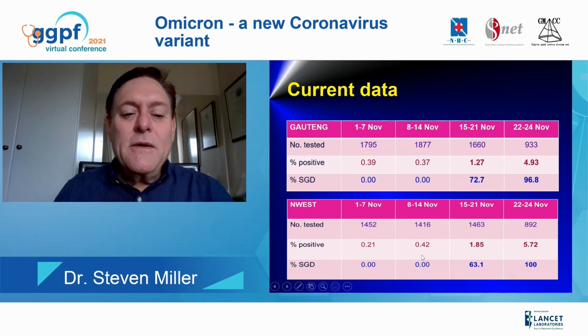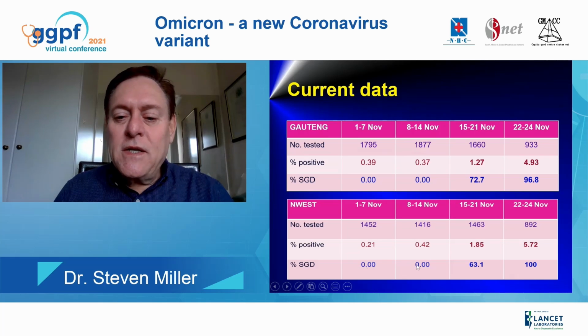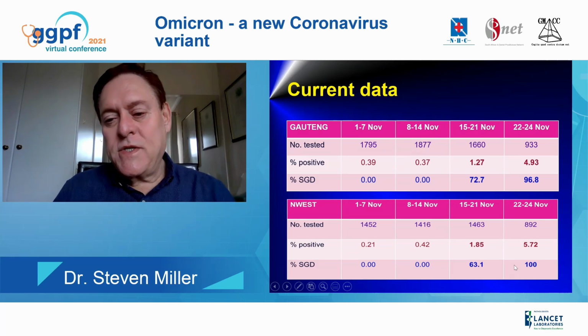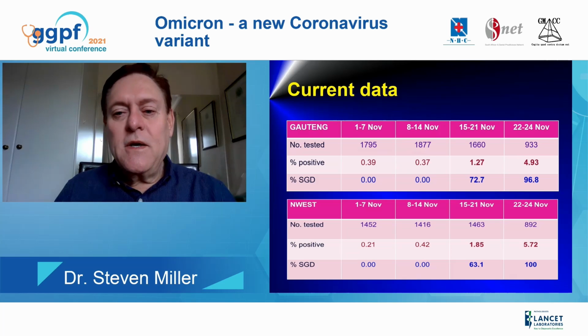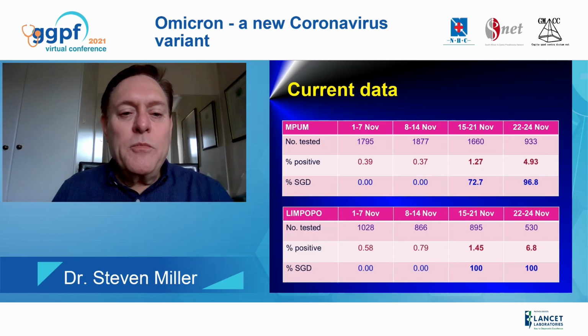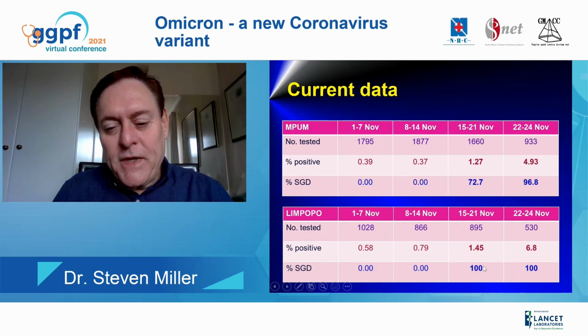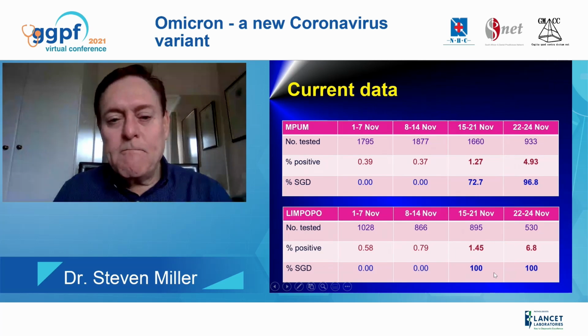As you can see here, no hint of a variant until the middle of November, when suddenly not only have numbers started to go up, percentage positivity, but at the moment, all of the positives in the Northwest are Omicron variant. In Mpumalanga, exactly the same pattern is being seen. And in Limpopo, all of the infections at the moment, 100%, are Omicron.